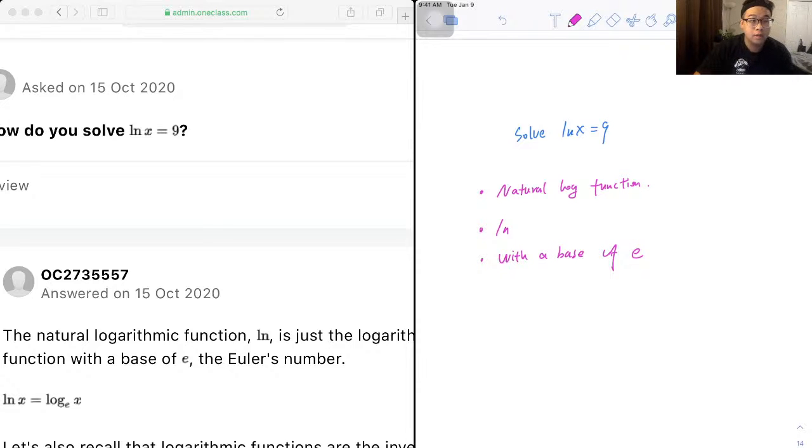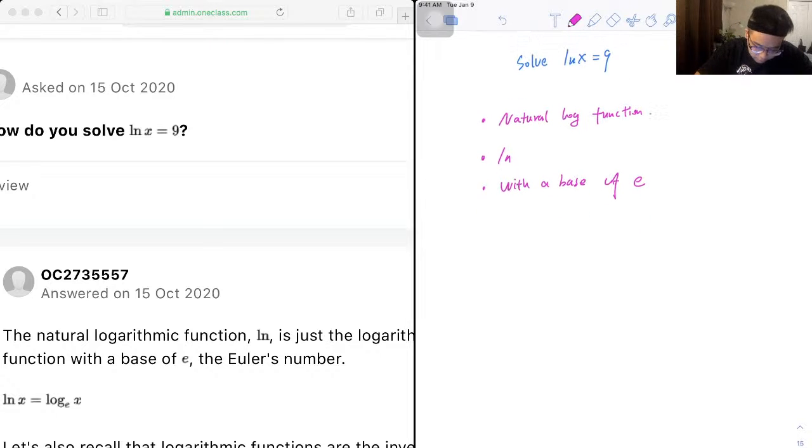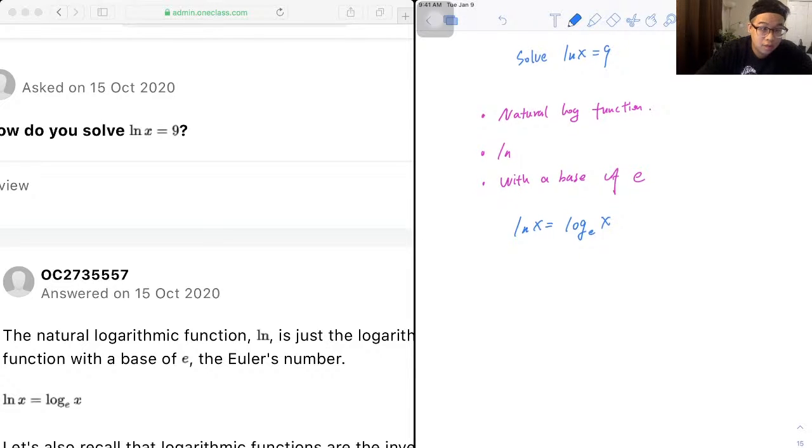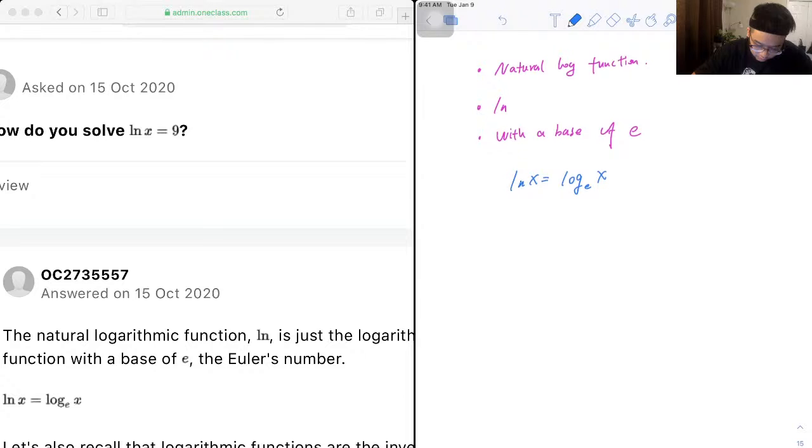Yeah, so e is Euler's number. Okay, so ln x can also be written as log with a base of e of x. So let's recall that log functions are the inverse of exponential functions. Thus, let's write that down.